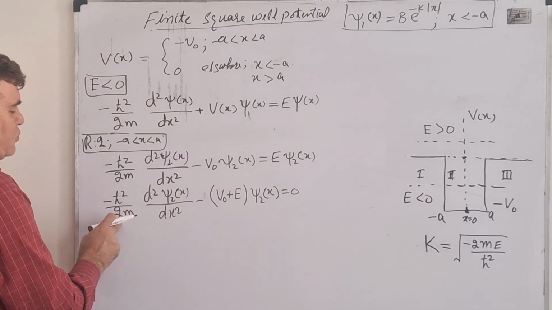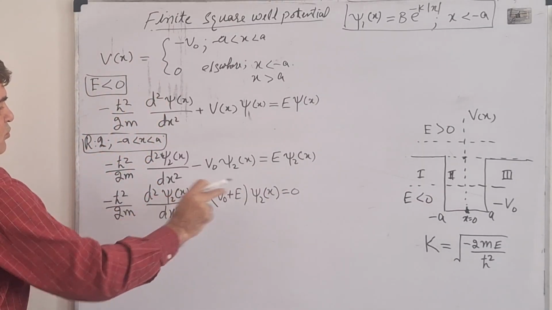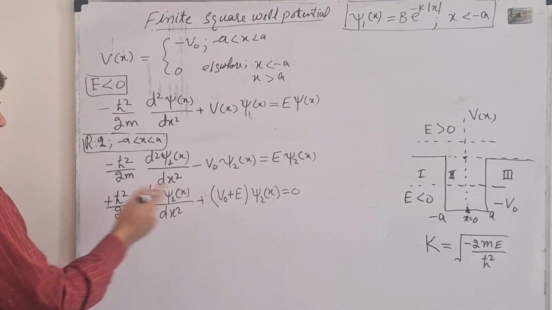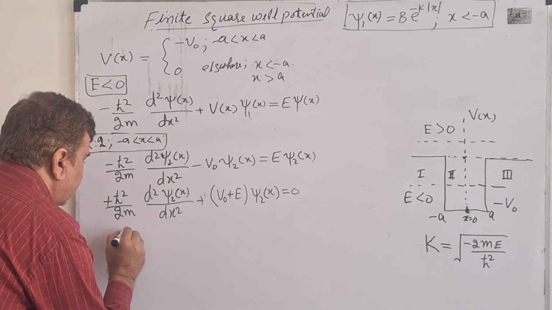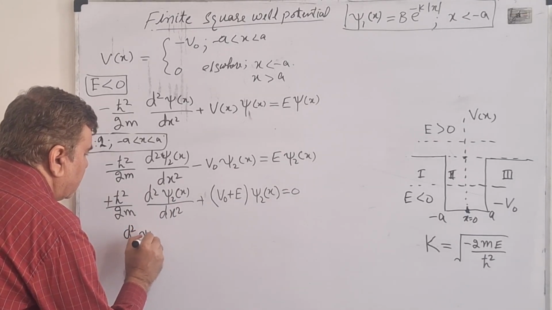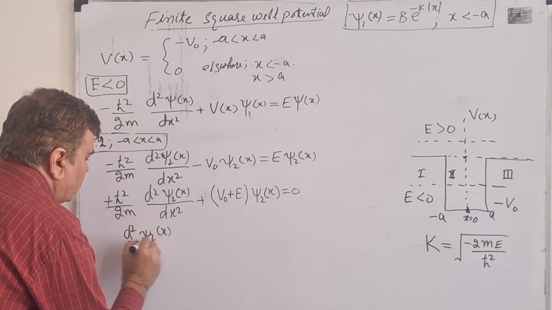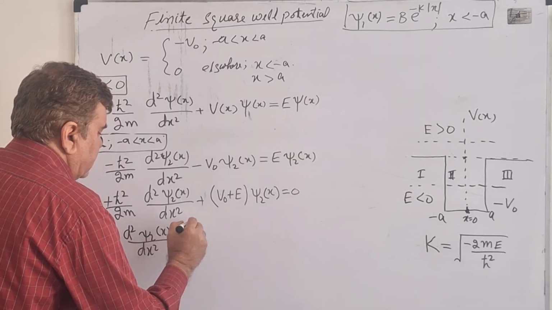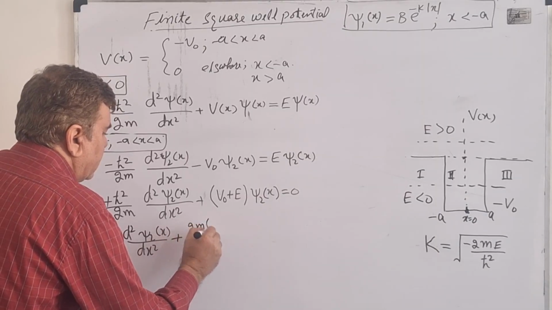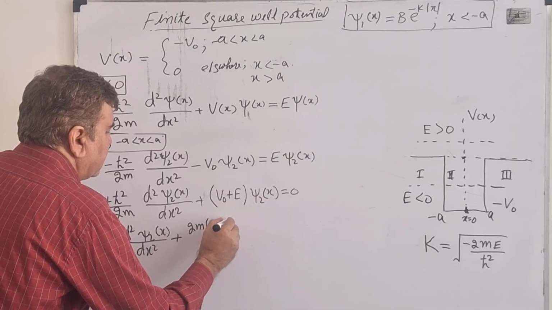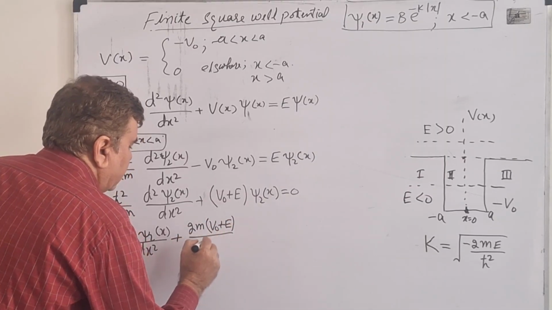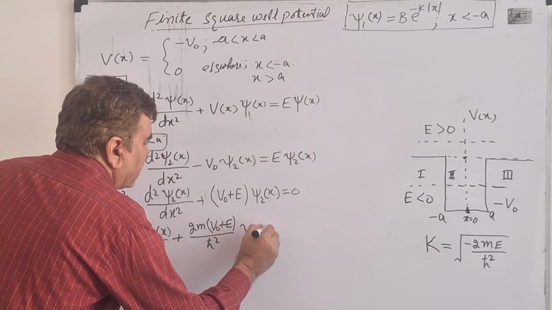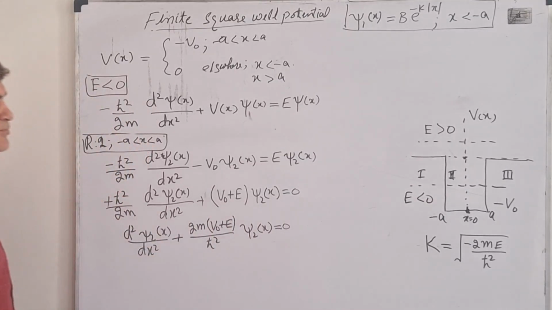And now I want to multiply with the inverse of this thing with both terms, and I can cancel this minus sign, so it is this plus, and can finally write the equation as d squared psi 2 of x over dx squared plus 2m into (V naught plus E) divided by h bar squared into psi 2 of x equals 0.